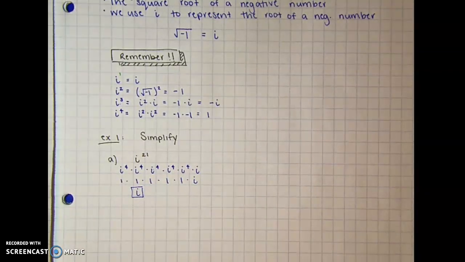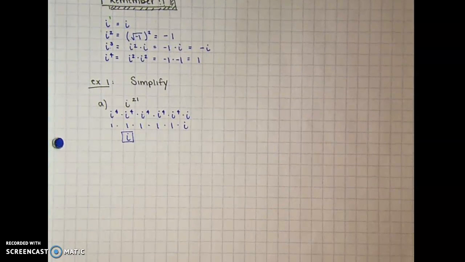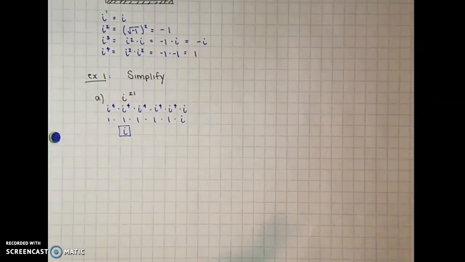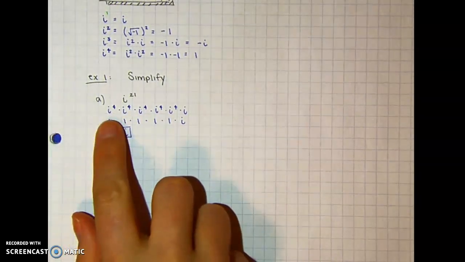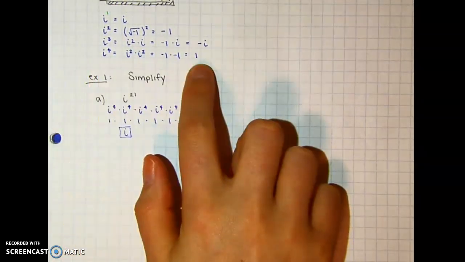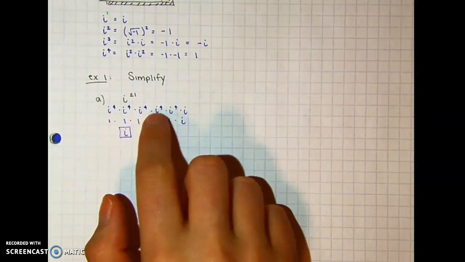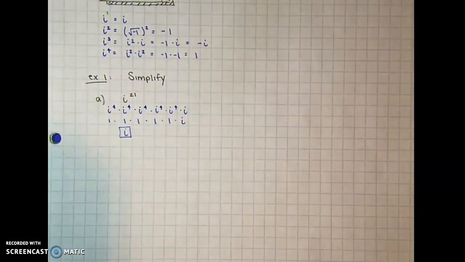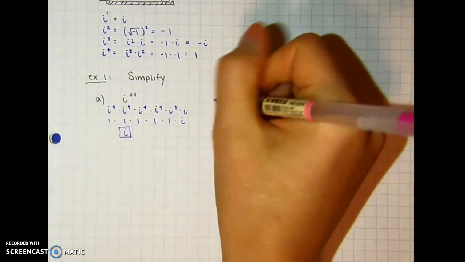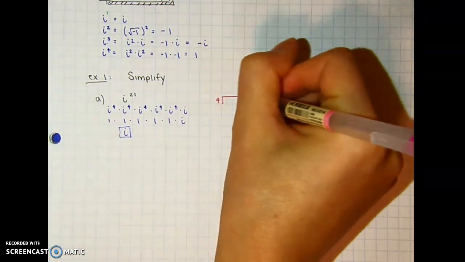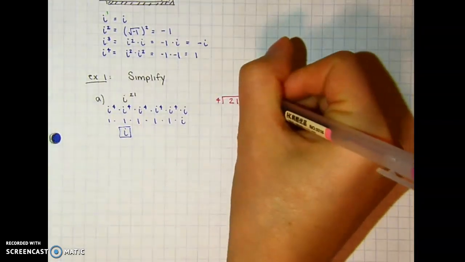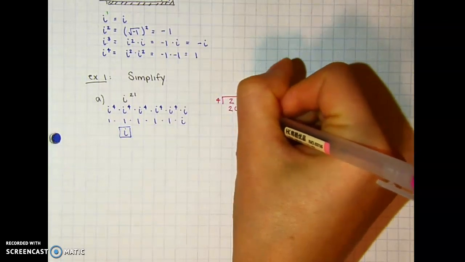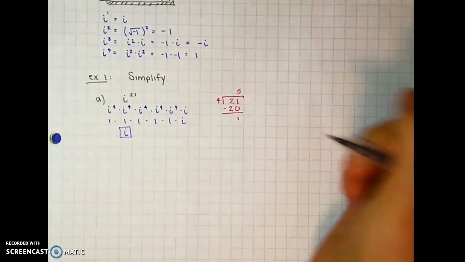Now a little trick. It's not really a trick, it is math, but it would be considered scrap work. So off on the side, by understanding the idea that i to the fourth is equal to 1, we can say, okay, well, how many times does 4 go into 21? 4 times 5 is 20, and when we subtract, we get 1.